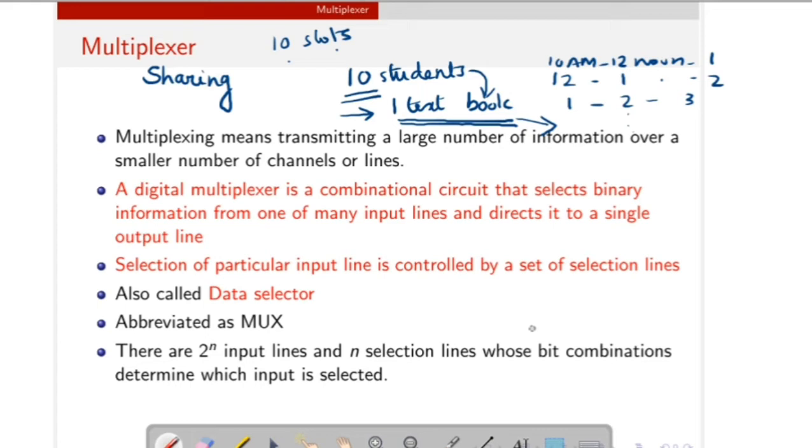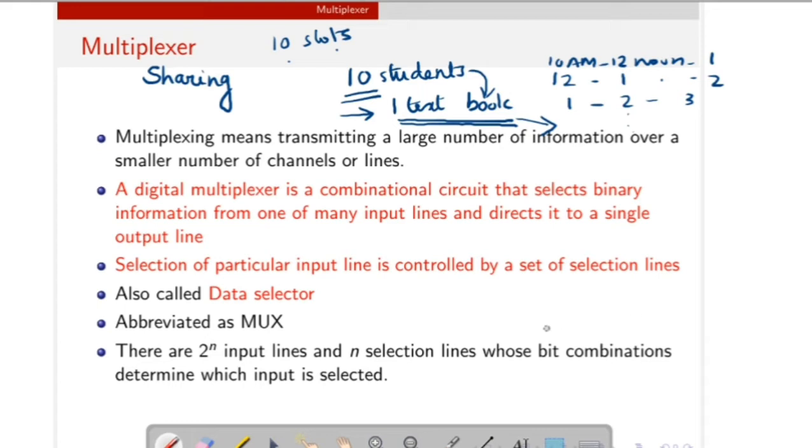So to accomplish this task, the computer allocates a time slot for each peripheral device to send and receive data, so that at a time only one peripheral device can access the communication line or the bus.